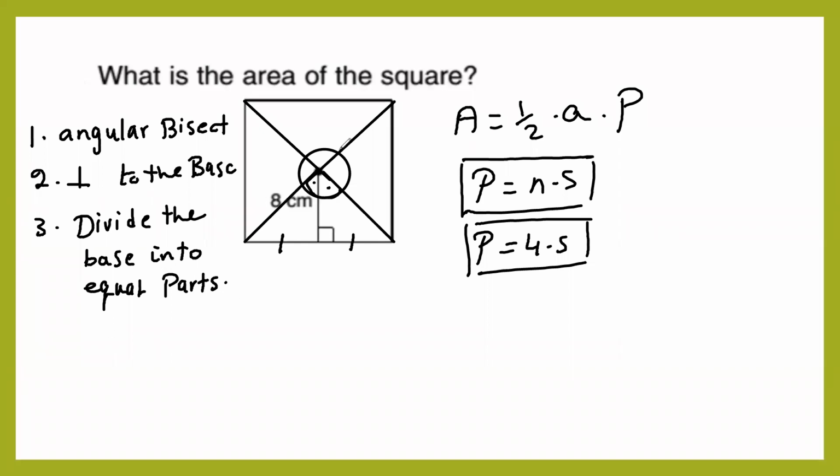So each triangle's angle is 360 divided by 4, because I have 4 triangles, 1, 2, 3, 4, which is 90 degrees here. I said that the apothem is an angular bisector, so here it is 45, and here it is also 45. If this is 8, here they are also 8.